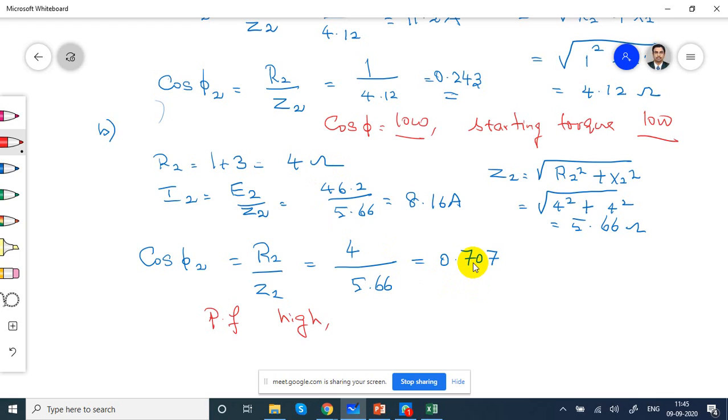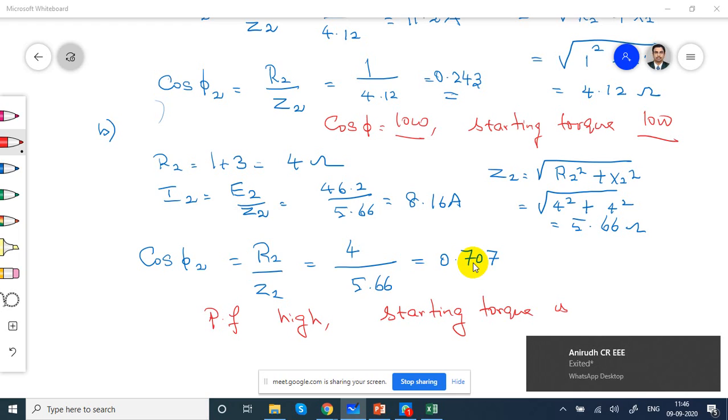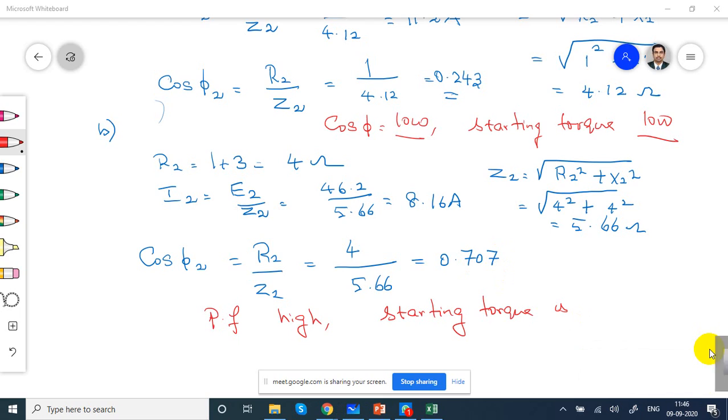Once we increase the power factor, automatically the starting torque is also high. Okay, power factor is high, starting torque is also high. Do you understand? Do you understand it?